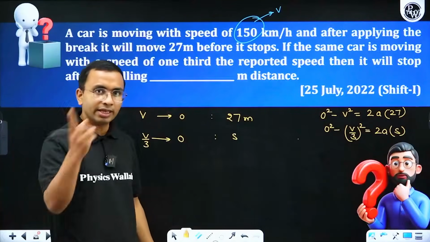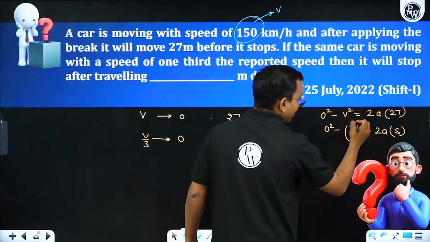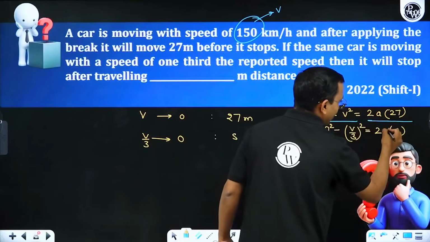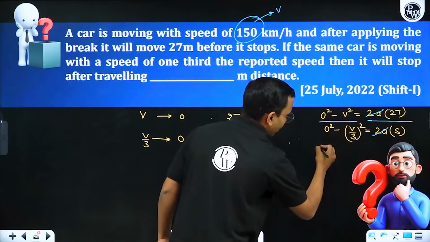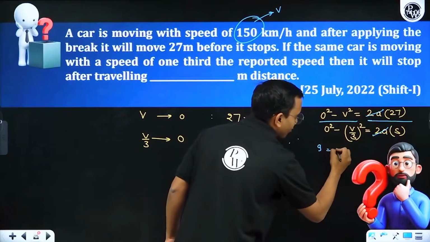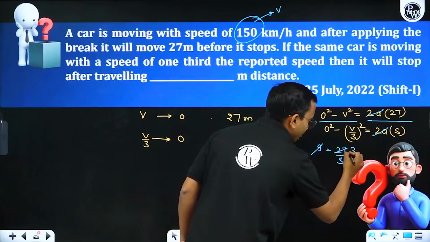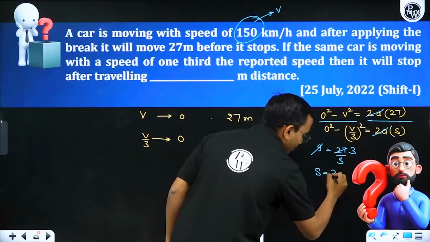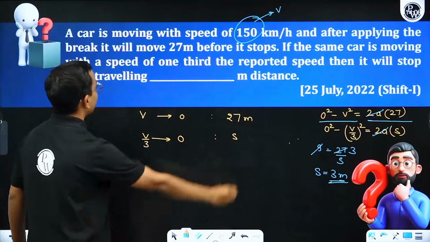Getting these two equations, simply divide these two. If you divide them, 2a is getting cancelled, and here also it will become 9 in the numerator. So 9 is equals to 27 by s, and I got s as 3 meters.